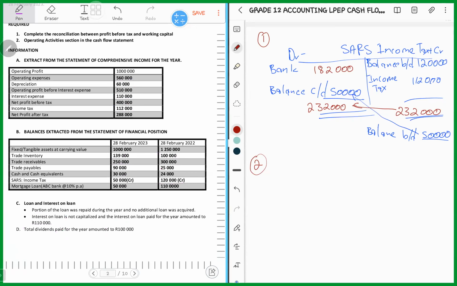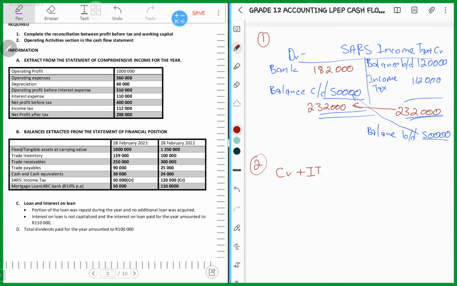Since the SARS income tax from the previous year says credit, you just say credit balance. You treat it as a positive. Then you're going to add the income tax for the year, which stands for IT.